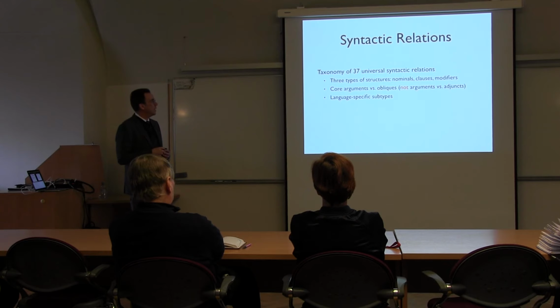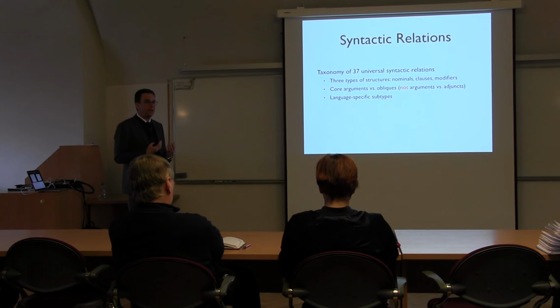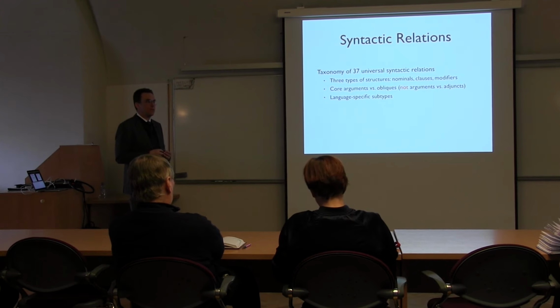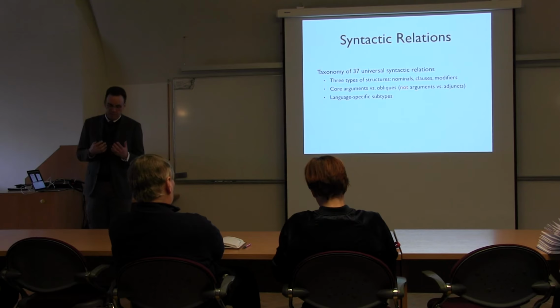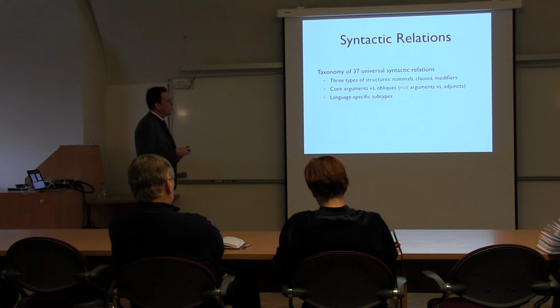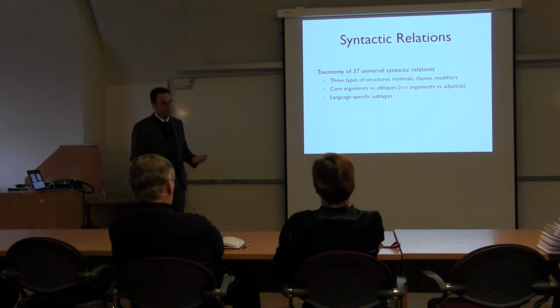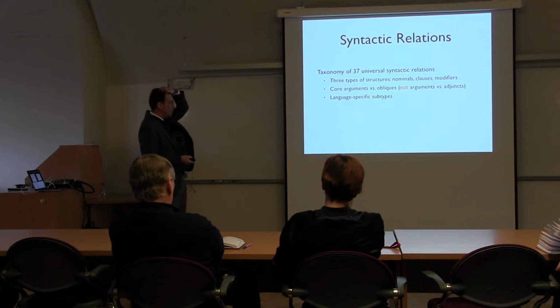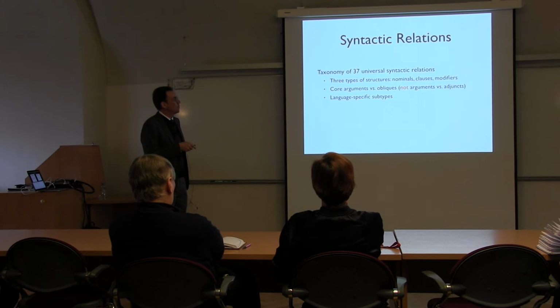The first being the expectation that in all languages we expect to find essentially three types of linguistic structures. We expect to find nominals or noun phrases, who have, among other things, the function of referring to objects. We expect to find clauses that are built around a predicate together with its arguments and modifiers, where the predicate is often a verb, but where it can also be other types of words.